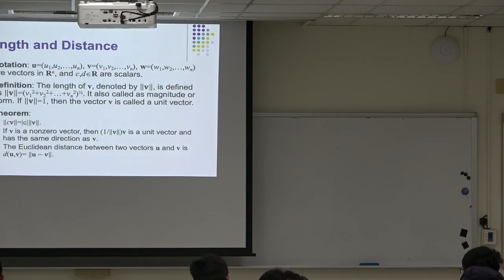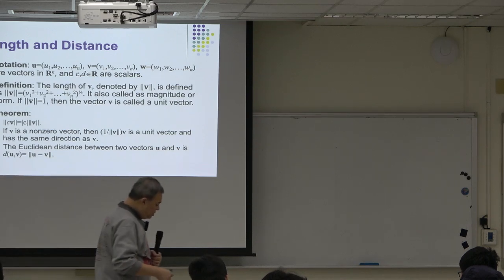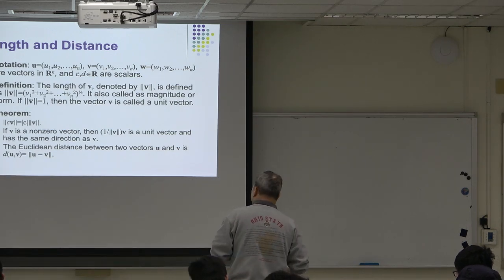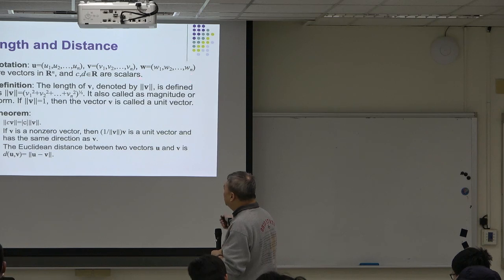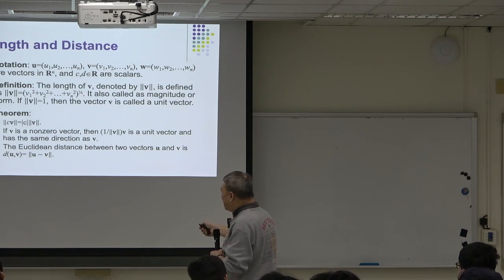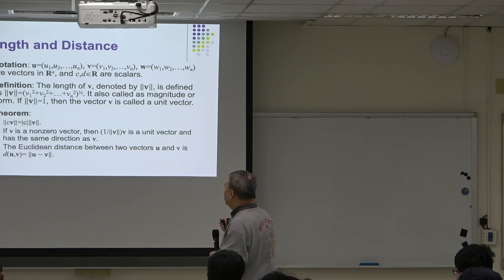So now you see we can define length and distance for two vectors in an n-dimensional space. U is like this, V is like this, W is like this. These are vectors in Rn, and C, D represent scalars.